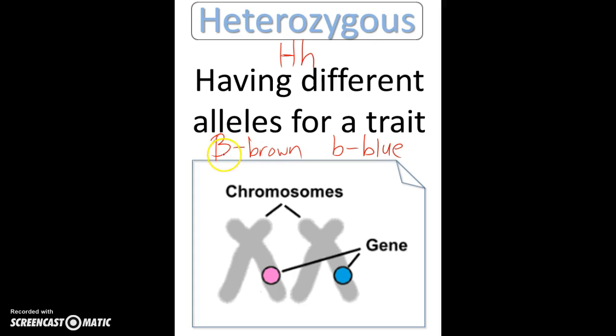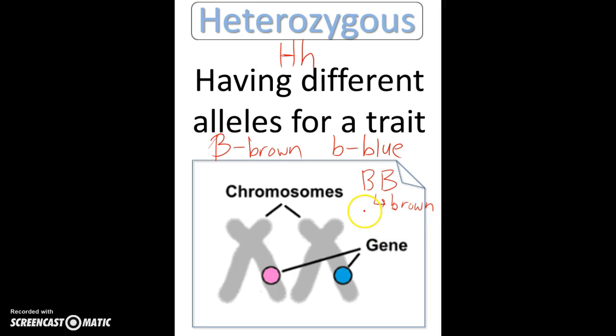Okay? So brown is dominant, blue is recessive. So let's talk about what that means. If you have someone that has 2 big B's, so 2 dominant alleles, they're going to have 1 brown allele and another brown allele. That means their eye color is going to be brown.